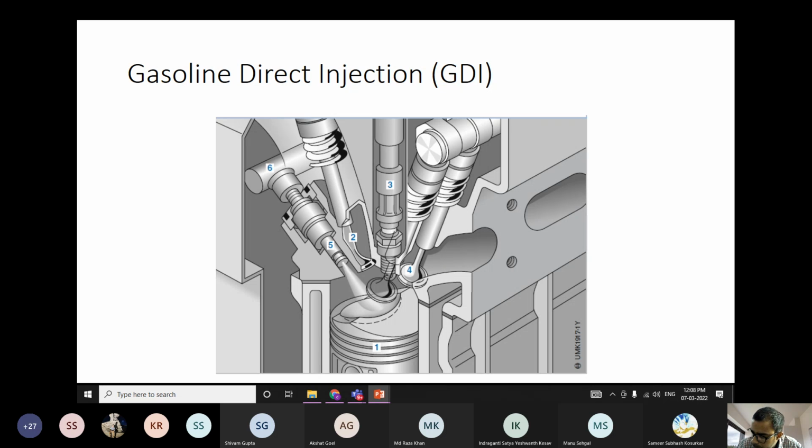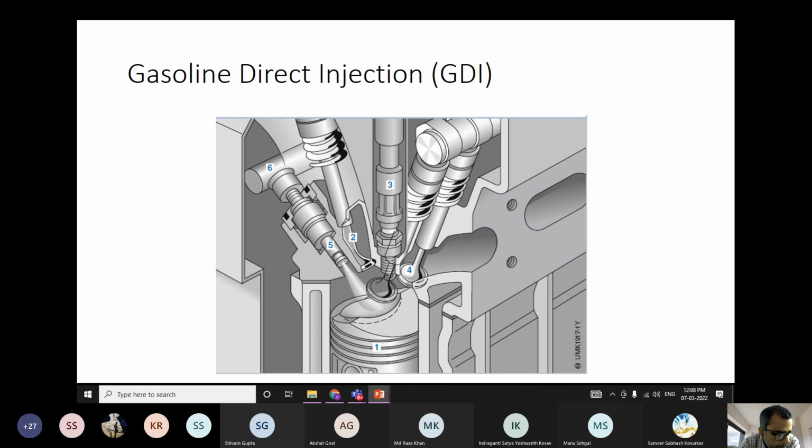So what can we do further, if we know that all technology has some merits and demerits? People started thinking, why can we not inject the fuel directly into the combustion chamber in an SI engine, just like the diesel engine?